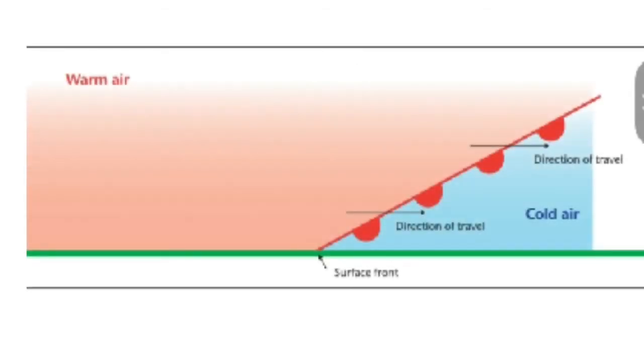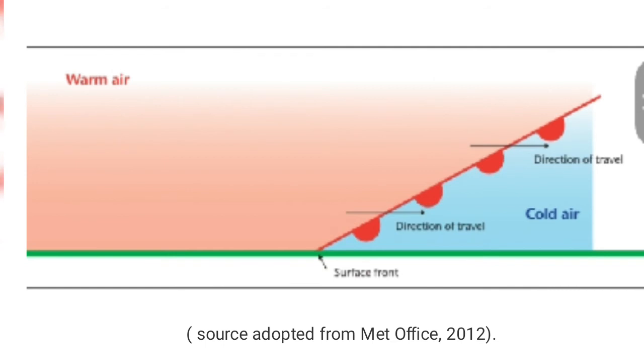You have also studied about the warm front, which is a boundary between cold air and warm air. So how do we identify a warm front on a synoptic weather map? We can see there are semicircles.